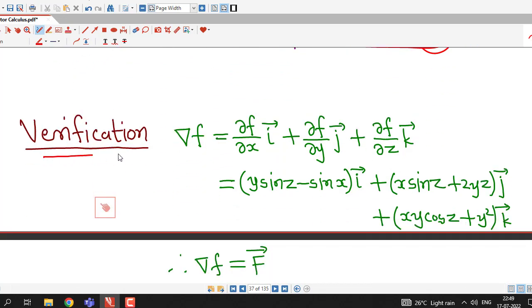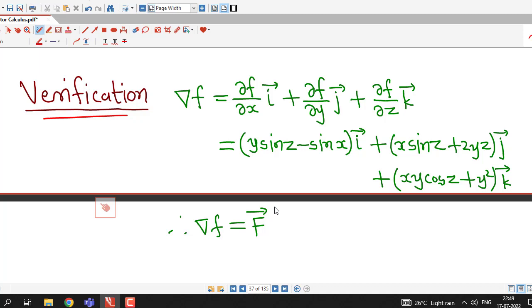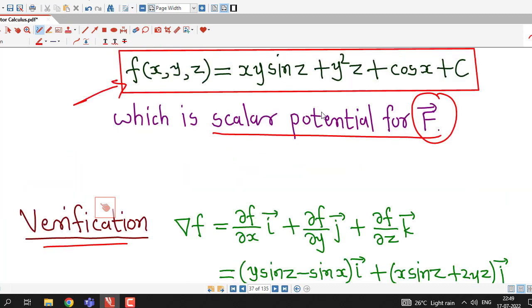I have verified whether the gradient is equal to the given vector field or not, and I obtained that the gradient of f is equal to the given vector field f bar. If you wish, you can also verify.